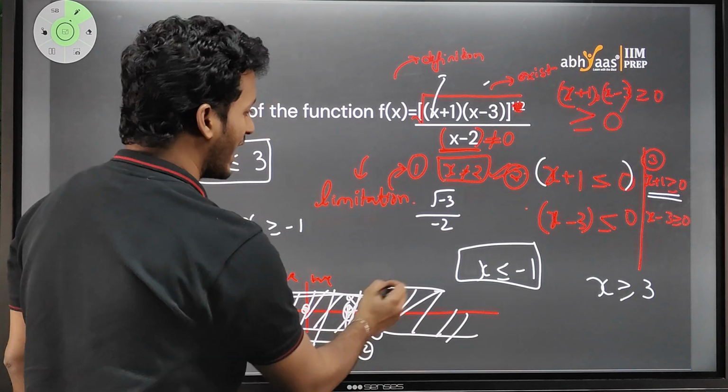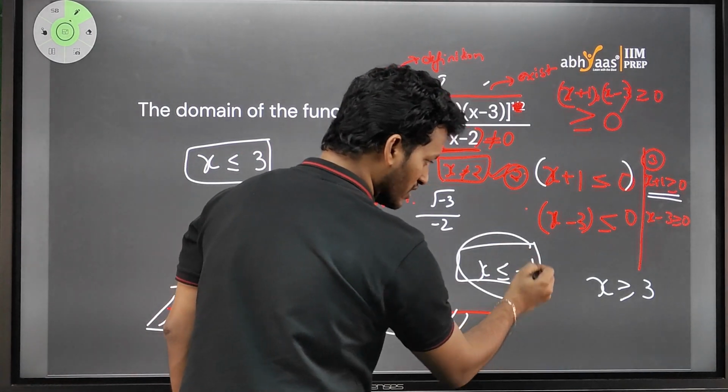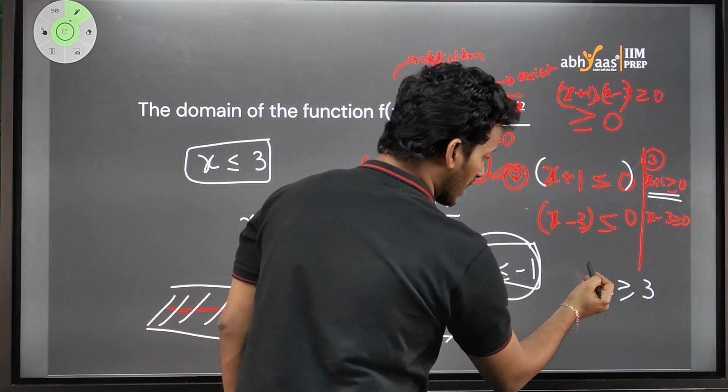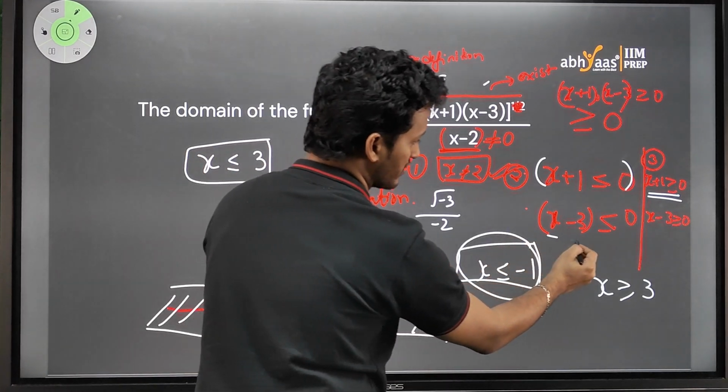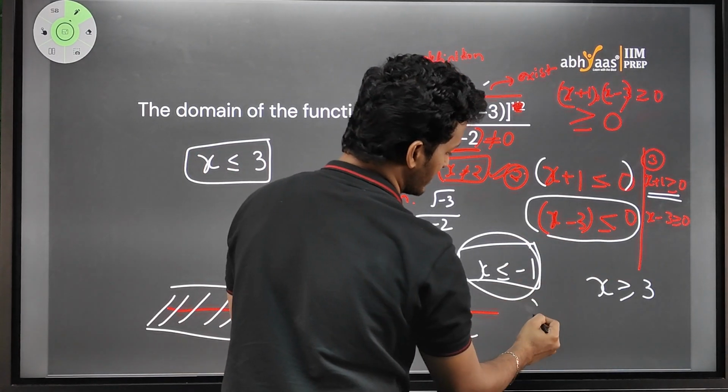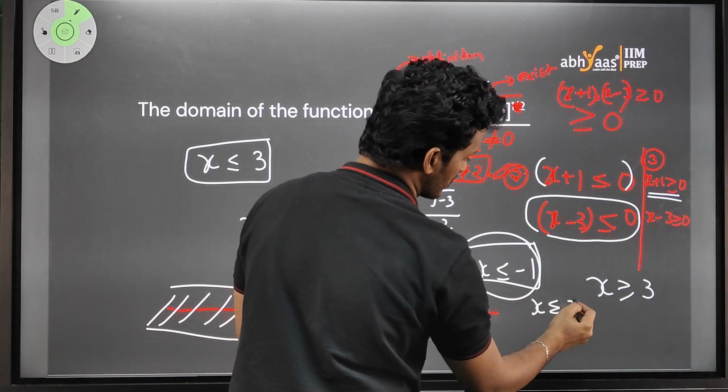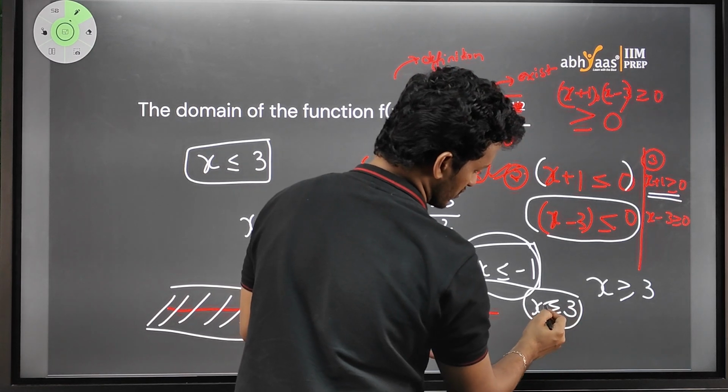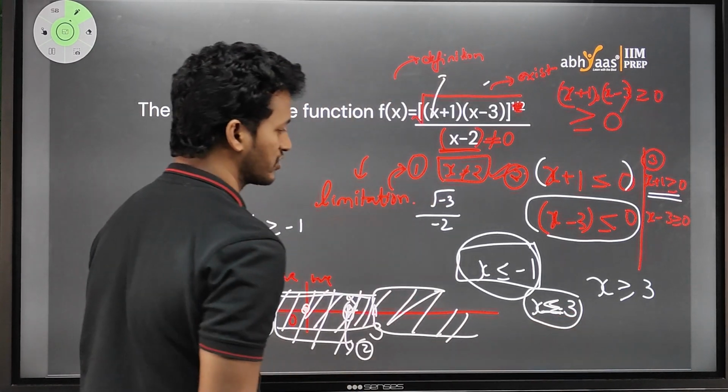So whenever x is less than or equal to minus 1, the other criterion that should be satisfied is this one. That means x should be less than or equal to 3. So this is not epsilon, this is less than.